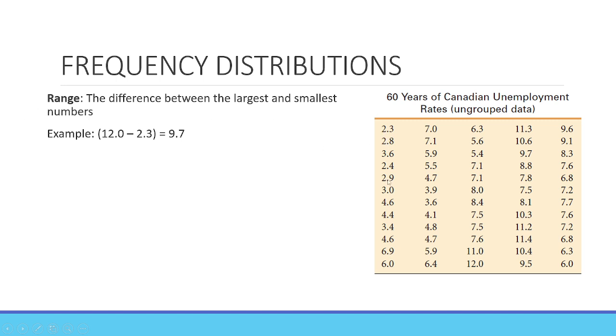Here we have 60 values, and by looking at the data we found that 12 is the highest, or maximum, value and 2.3 is the lowest, or minimum, value. Maximum value minus minimum value gives us the range. Just for example, I have shown this in a different data set. So now we know about range also.